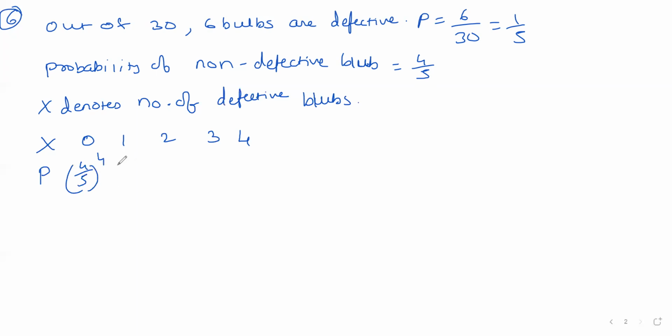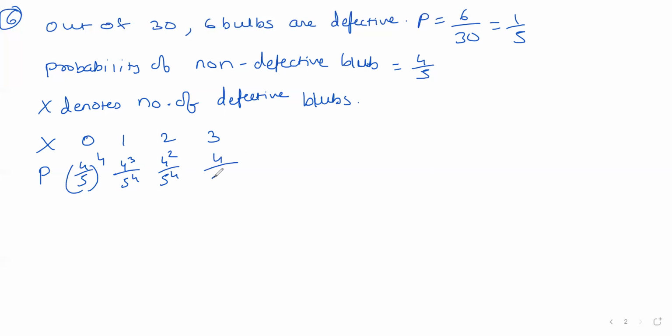If there is one defective, so it will be 1 by 5 into 4 by 5, so 4 cube upon 5 raised to 4. If there are two defectives, then 1 by 5, 1 by 5, 4 by 5, 4 by 5. So it is 4 square upon 5 raised to 4. 3 defectives: so it is 1 by 5, 1 by 5, 1 by 5 is defective and 4 by 5.